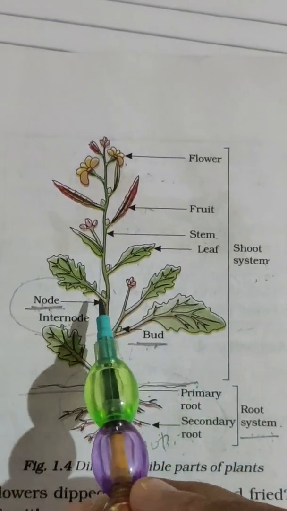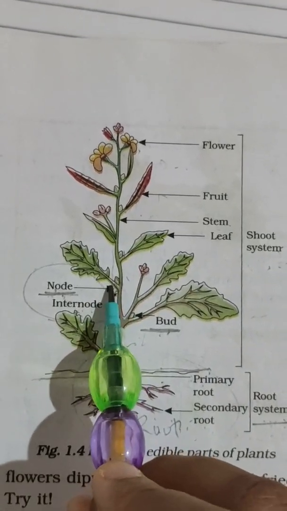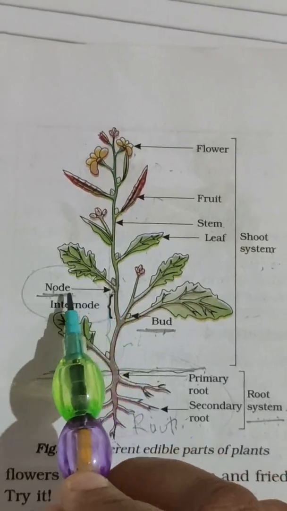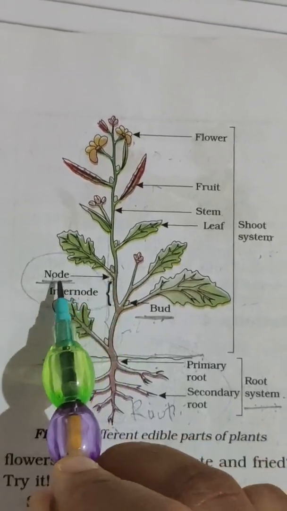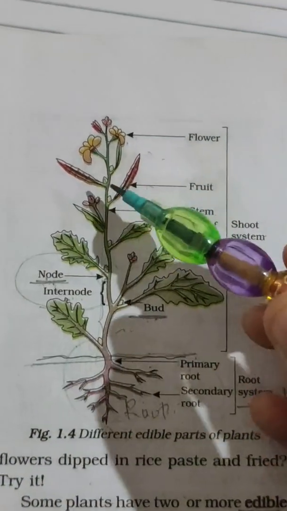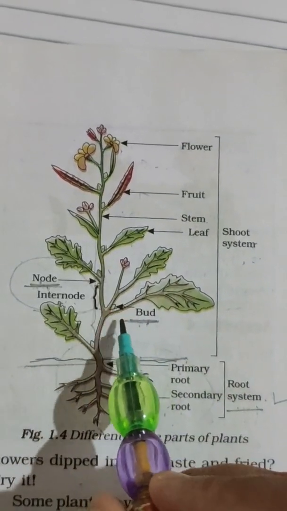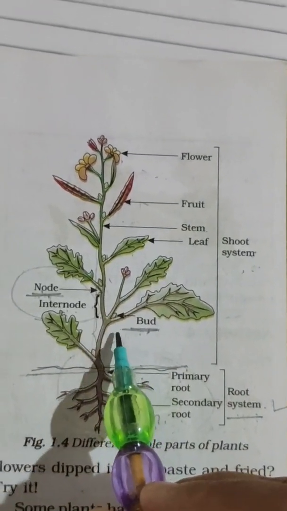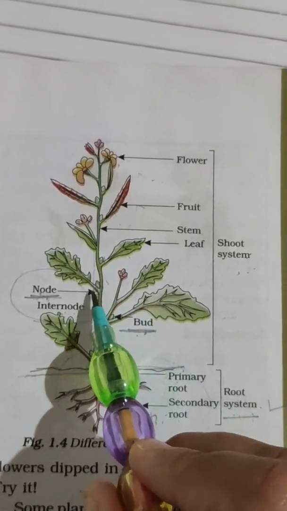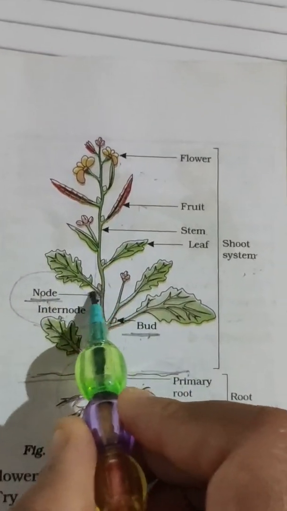These axillary buds will grow and give out leaves, branches and flowers. So what is a node? The nodes are the specific area on the stem where the lateral buds are present and from which leaves or branches or flower buds will grow out. This point is called a node.